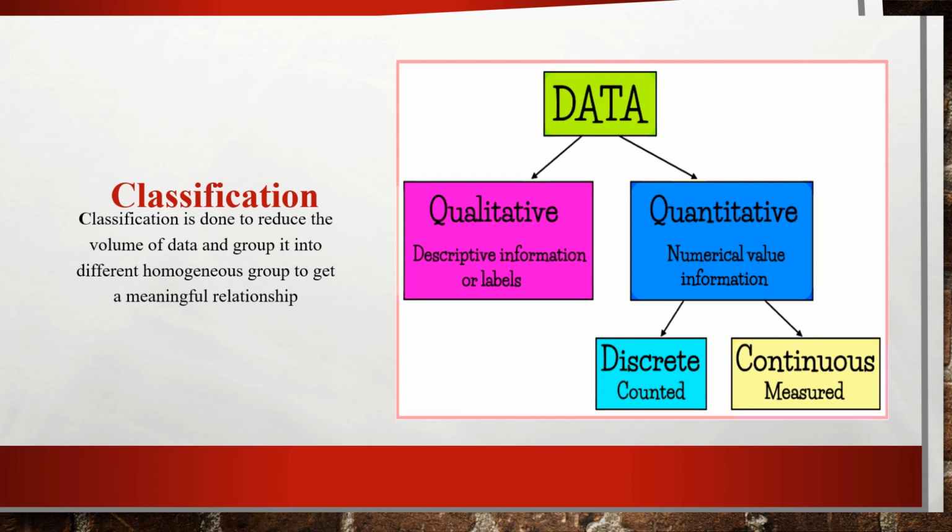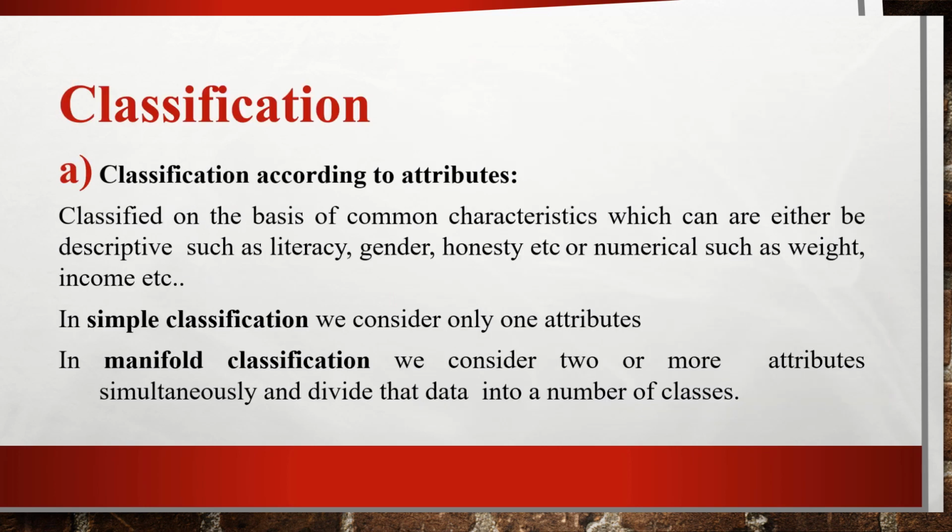The important types of data classification are qualitative and quantitative classification. Qualitative classification is also known as attribute-wise classification, and quantitative classification is called numerical value classification. The quantitative can be done in discrete series or continuous series.